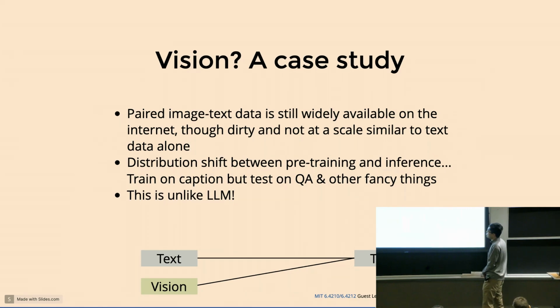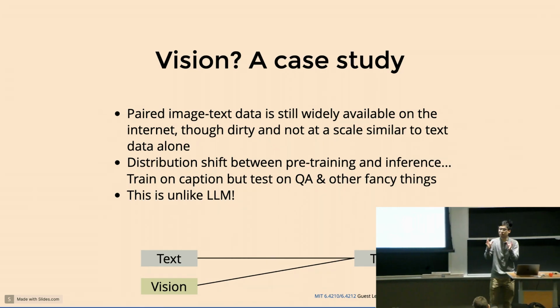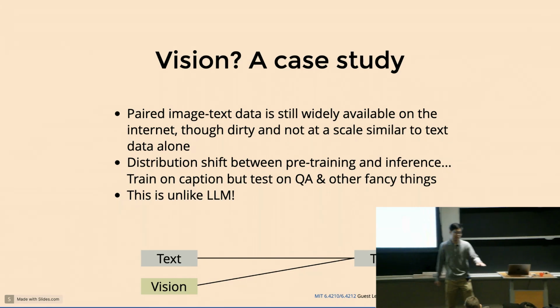That is, you are trained on captions. What people do when they train multimodal language models is take this pre-trained image encoder and this pre-trained language model, concatenate them together, and fine-tune them for the specific task of captioning.